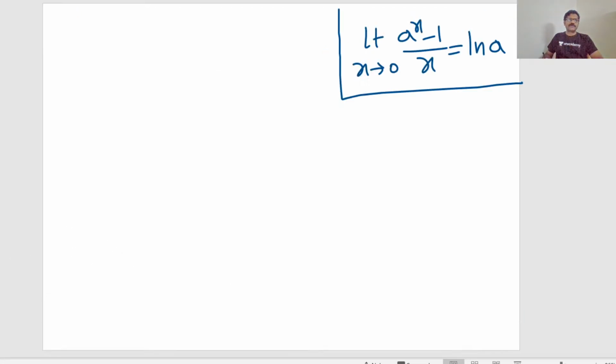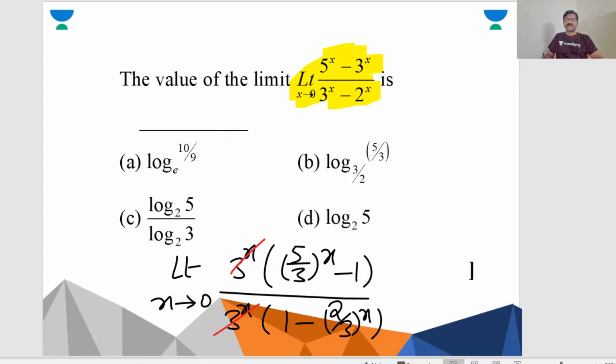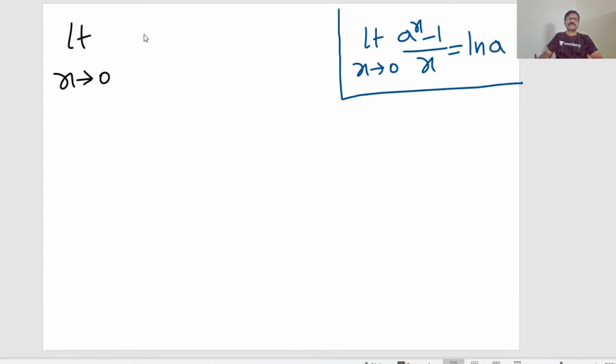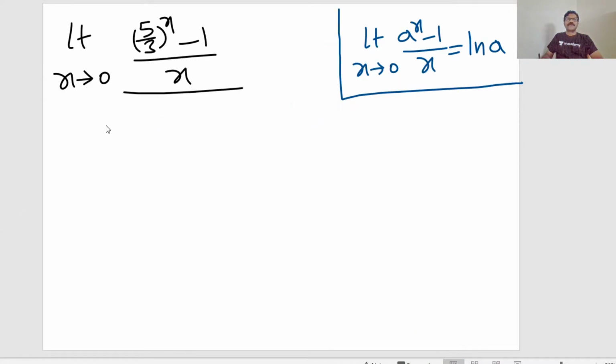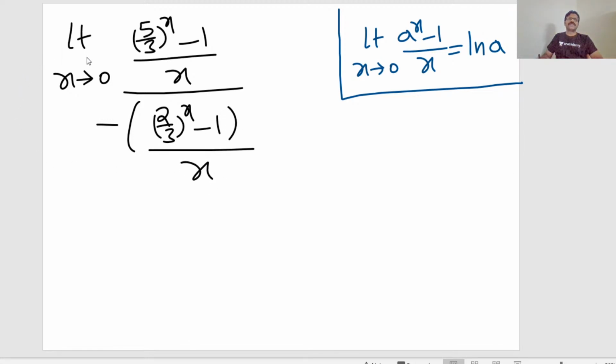Limit x tends to 0, ((5 by 3) power x minus 1) by x by 1 minus (2 by 3) power x, which can be written as minus of ((2 by 3) power x minus 1) by x. I have divided numerator and denominator with x.